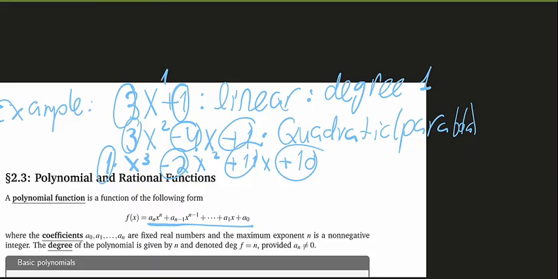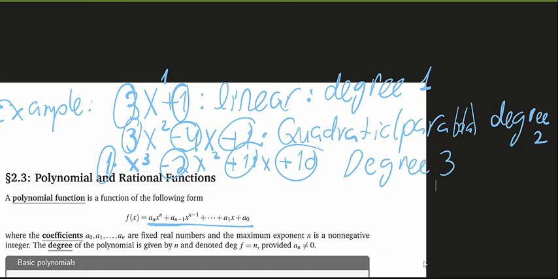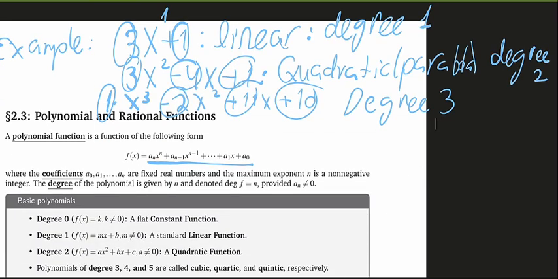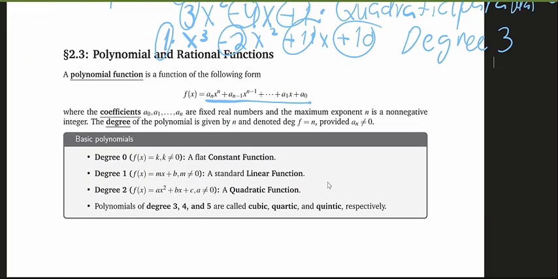The highest power in the second example is 2. What about the third one? Well, logically, the highest power of x that appears here is degree 3. That is in fact degree 3.